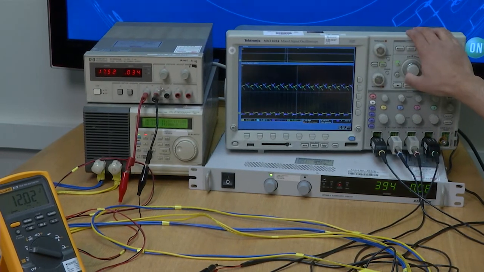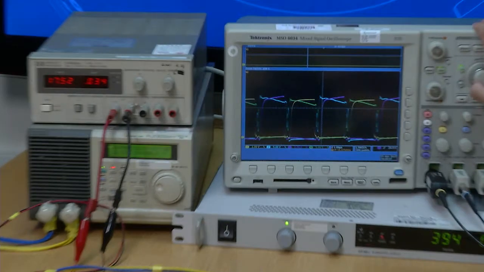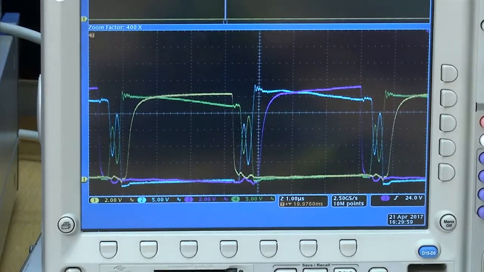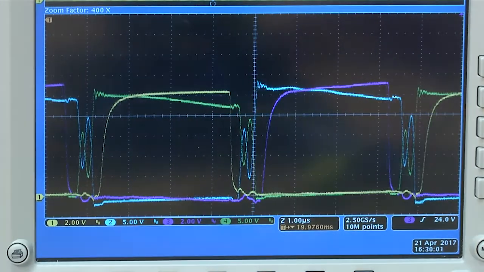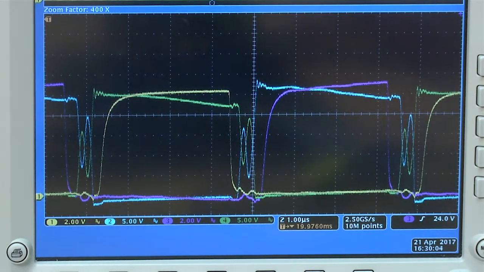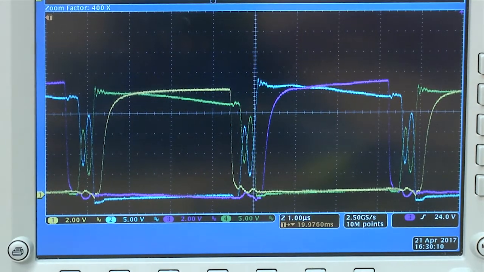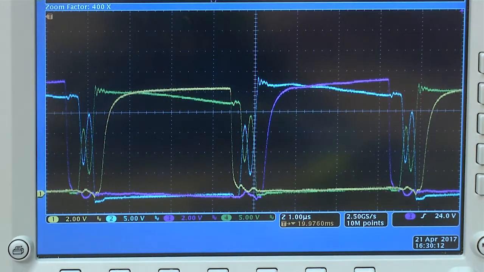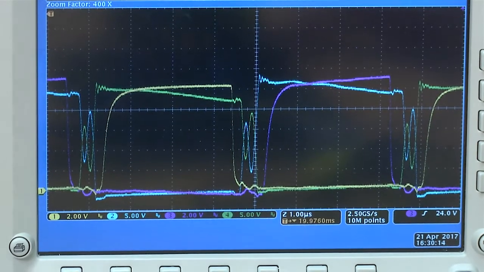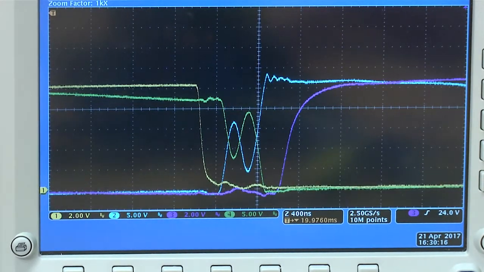Let's stop our scope. On channel 1 and channel 3, the yellow and purple waveforms, I have the SR gate drive signals. And on channels 2 and 4, I have the corresponding drain source voltages of the secondary side SR MOSFETs. So let's begin by measuring the dead time.